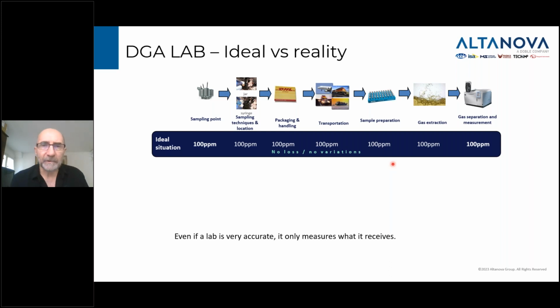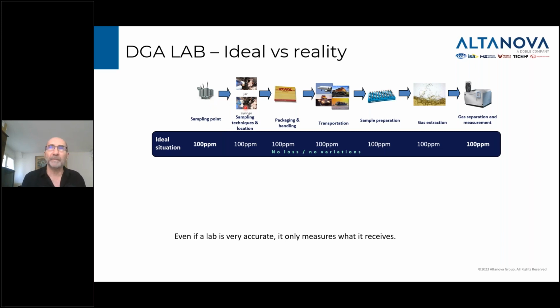So let's look at a different way of doing DGA. Since the mid-1960s, when DGA became standard around the world for transformers, the process, especially for the lab, is very lengthy. You go to the sampling points, using different sampling techniques and locations.